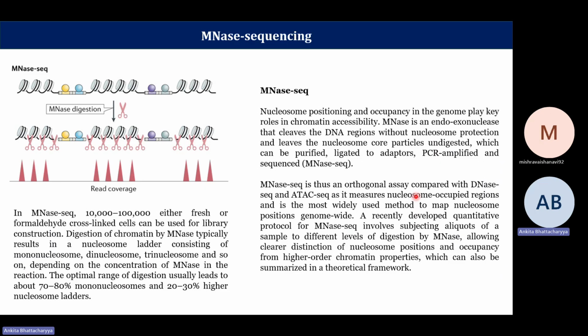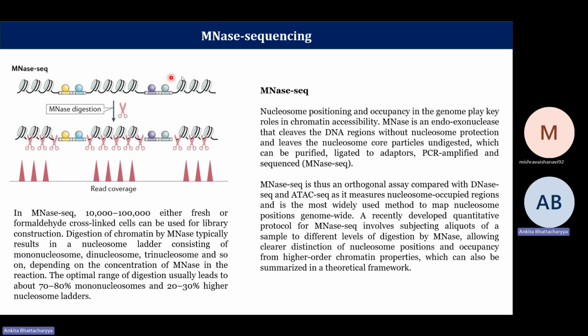A recently developed quantitative protocol for MNase-seq involves subjecting aliquots of the sample to multiple MNase digestion levels, or different quantities of MNase, that allows a very clear distinction of nucleosomal positions and occupancy from higher order chromatin profiles that can be summarized as well.